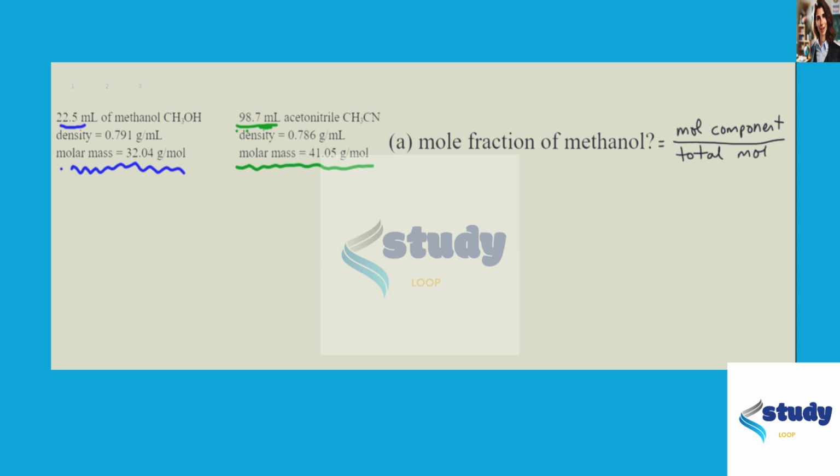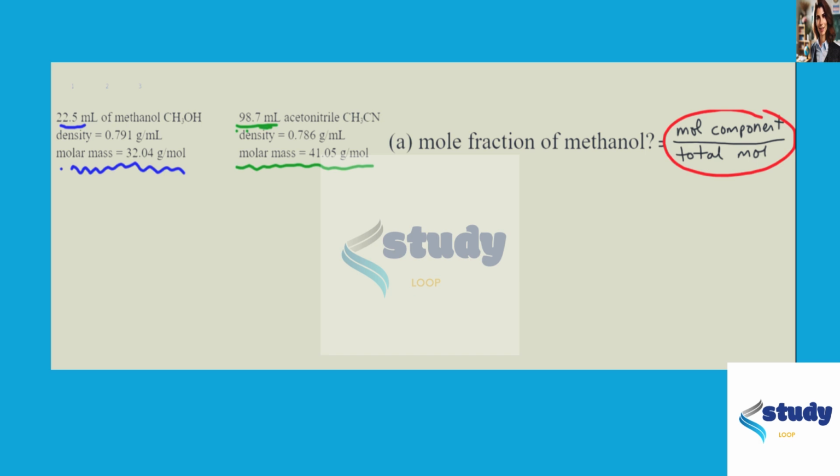So the first one that we're asked to find is the mole fraction of methanol. Recall that mole fraction has this formula where we calculate the number of moles of a given component, in this case methanol, and we divide that by the total moles present in the solution. So that will give us the fraction of the solution that is pertinent only to methanol.